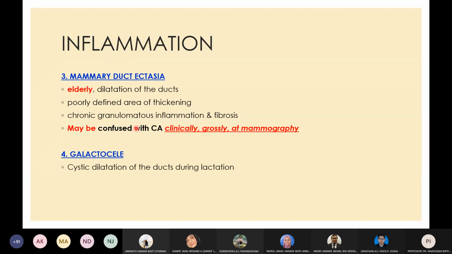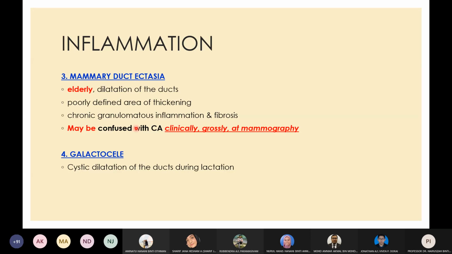We also get cases that were diagnosed clinically as cancer. Once I had the experience of quite a young lady who presented with a breast problem: a painful mass, not well defined, which was so cumbersome to her and disturbing her lifestyle. She was diagnosed as cancer of the breast and they removed the whole breast.